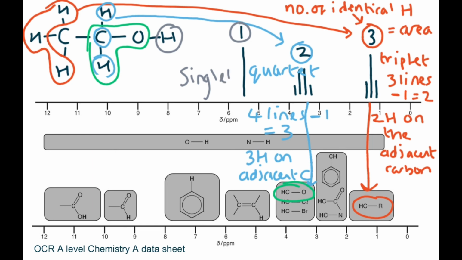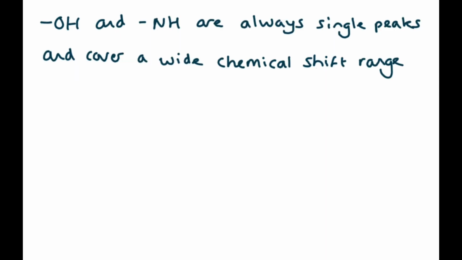You notice something a little bit tricky about the OH and NH: look at the range where they can appear, like anywhere there. So it does make assigning OH and NH quite difficult. OH and NH are always single peaks, and they cover that wide chemical shift range, so they are really difficult to assign.